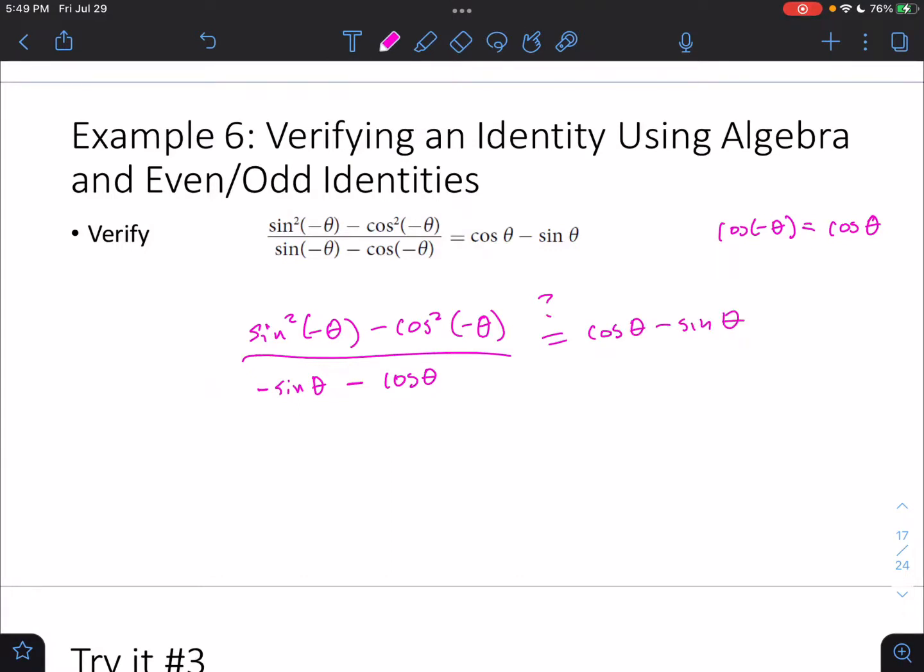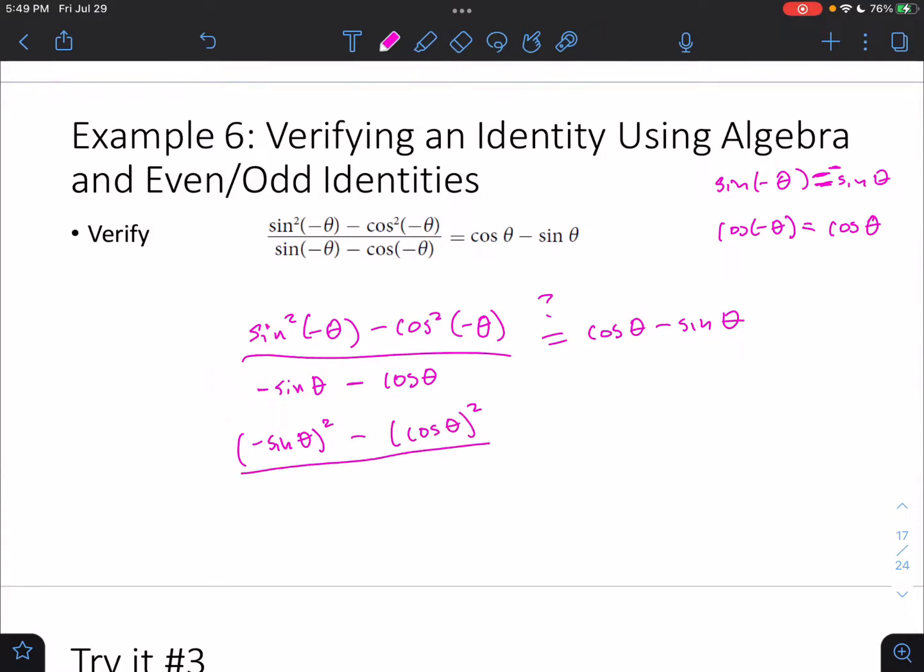Well, in the numerator, I'm going to use my properties again. Sine of negative theta is equal to negative sine of theta. So we're going to substitute. I know it looks like equals here, so it should be a negative right there. So negative sine of theta squared minus cosine of negative theta, that's the same as cosine theta squared.